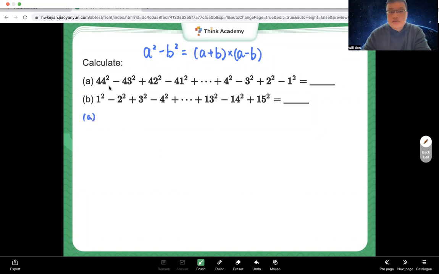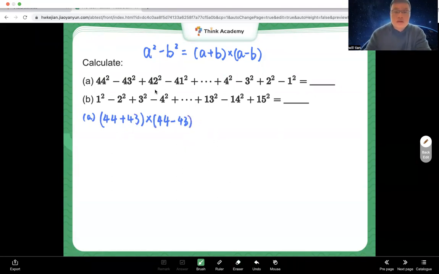That will be 44 squared minus 43 squared, which is just the sum of these two times by the difference of these two, right? So you'll have 44 adding 43 in the bracket and times by the difference of the two numbers, 44 minus 43, that equals 1, right?